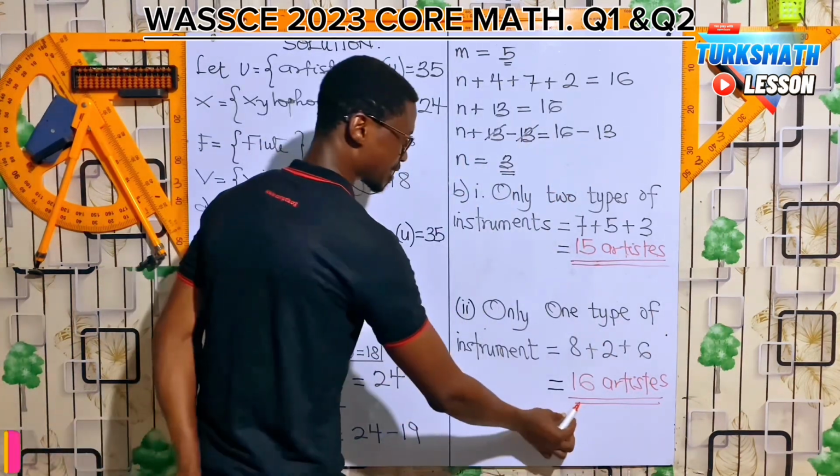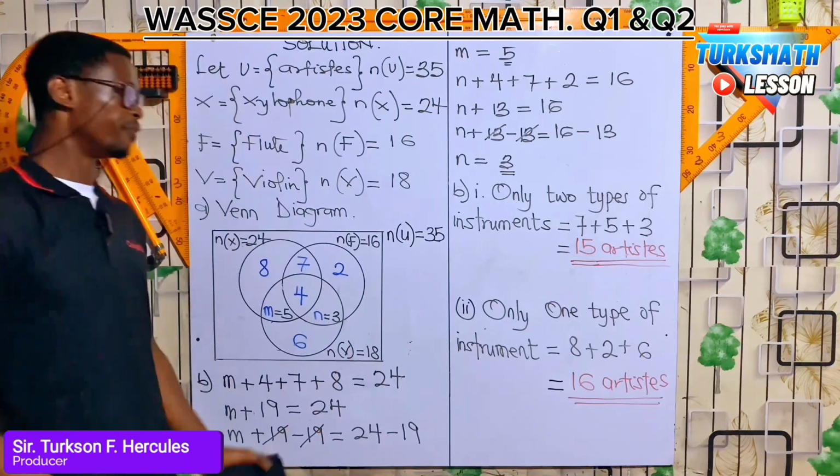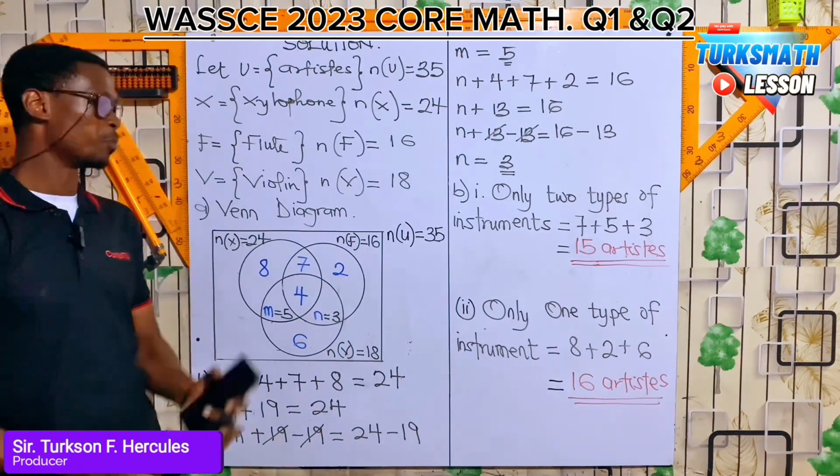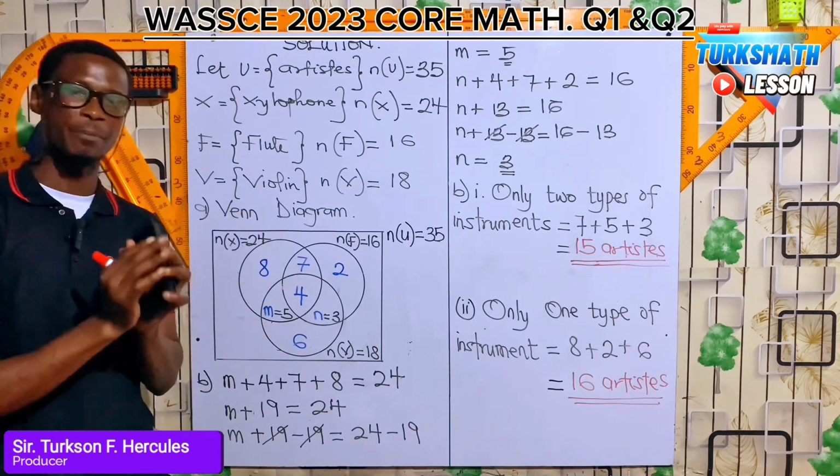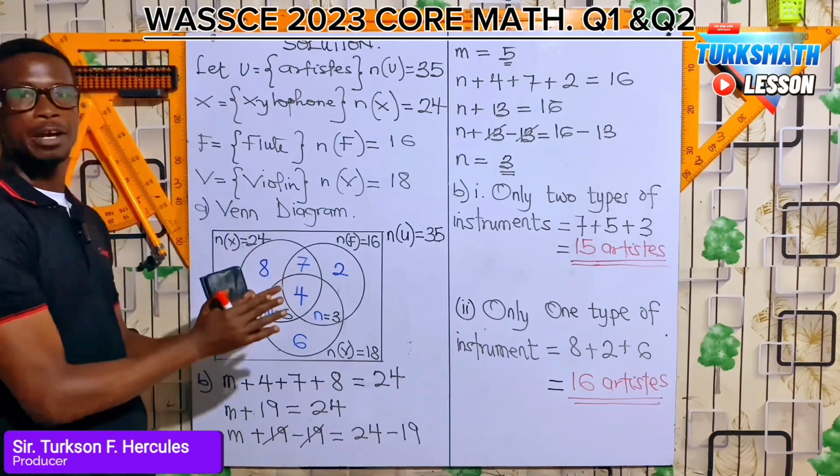So we have 16 artists that prefer only 1 type of what? Instrument, right? So this is question 1 of the paper 2 section A, right?